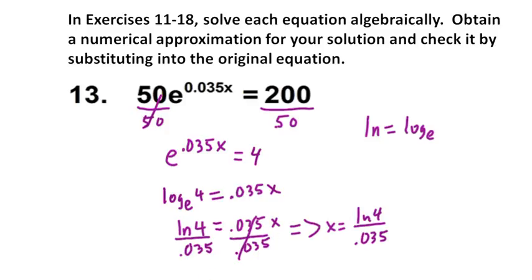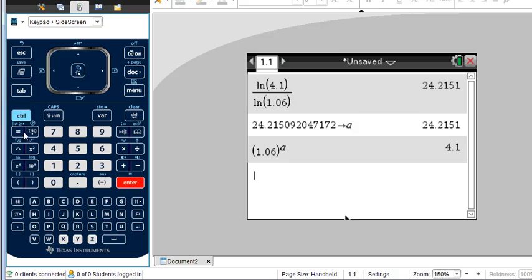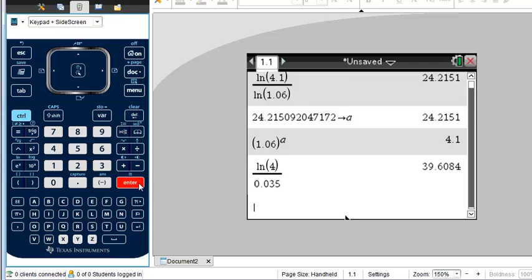Okay, so let's do that. Natural logarithm of 4 divided by 0.035, and for that we get 39.684.